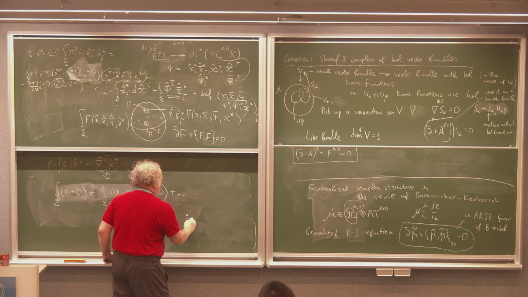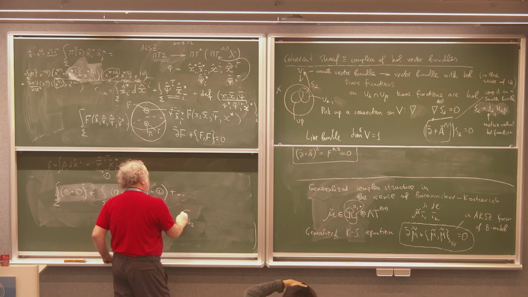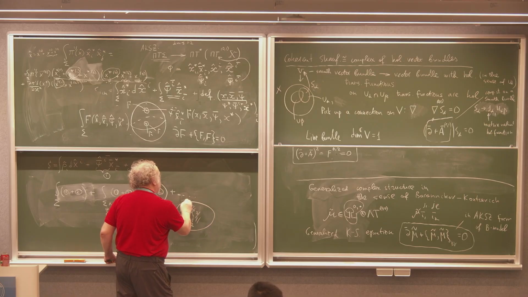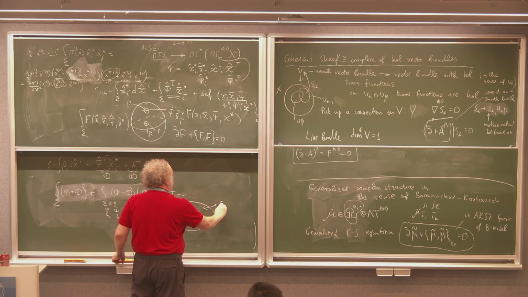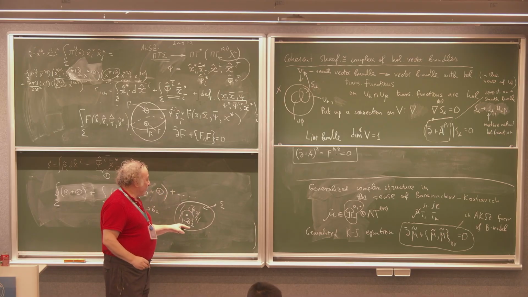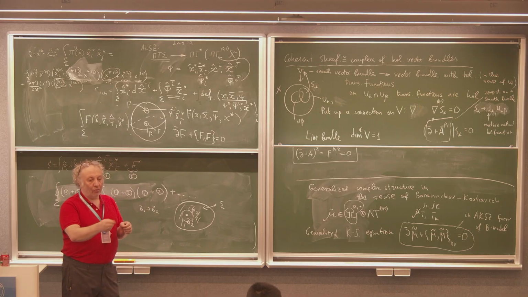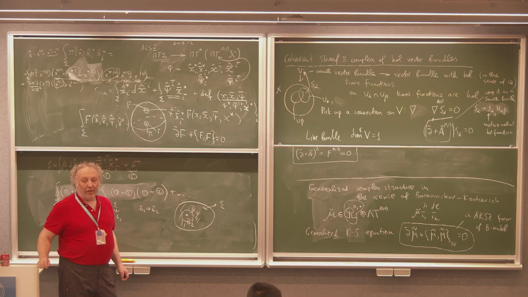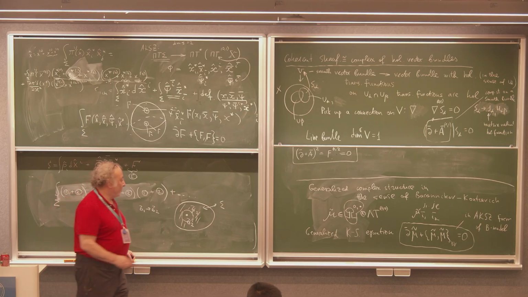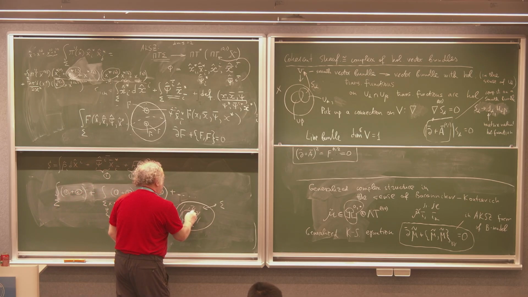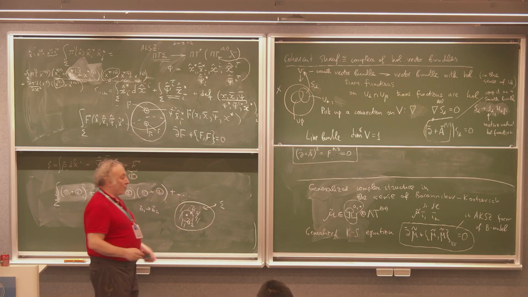But let me denote this point as sigma 2. And here is the boundary. So this is sigma. Later on, this sigma 2 would go all over sigma, but it's not that fact that bothers me. What bothers me is the region where sigma 1 and sigma 2 are close together.